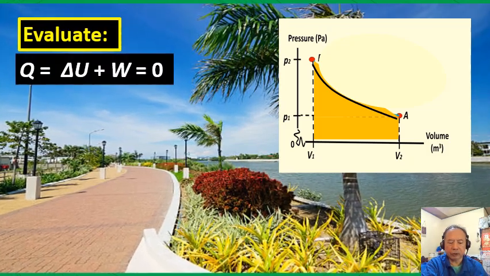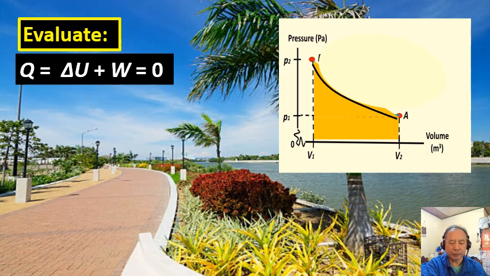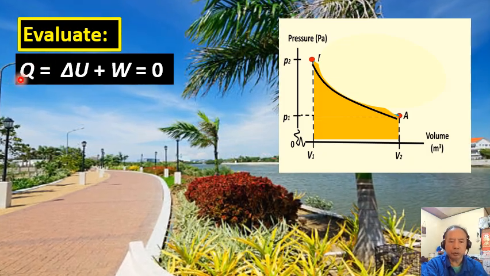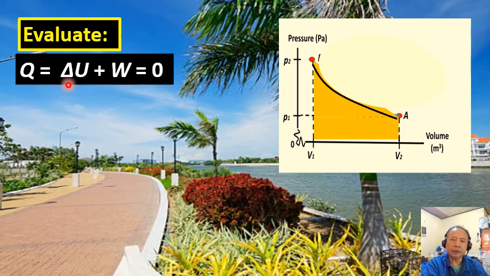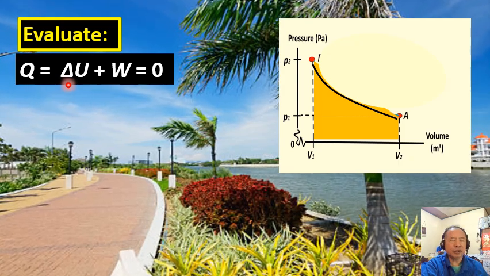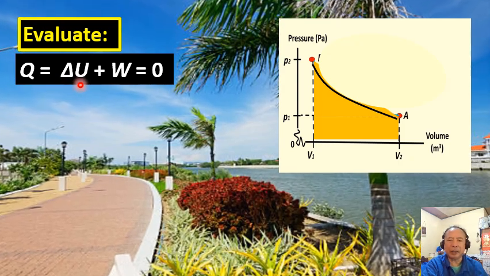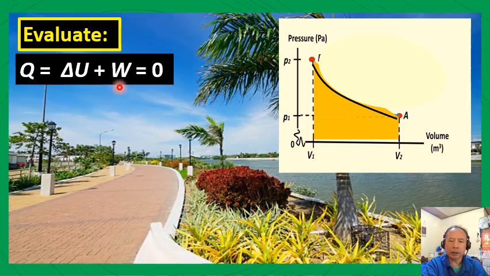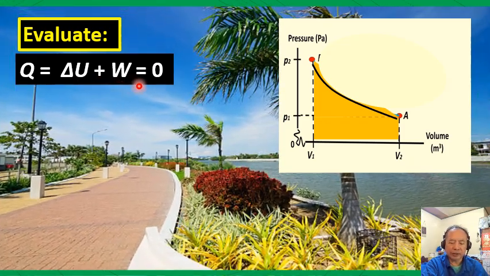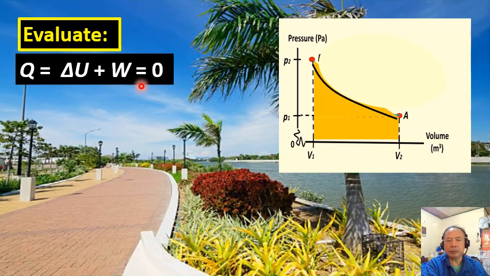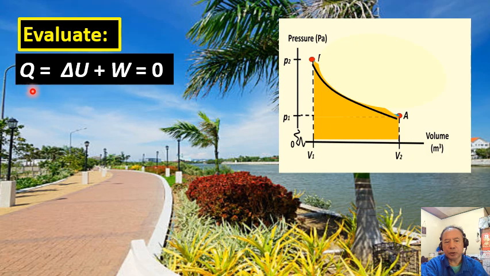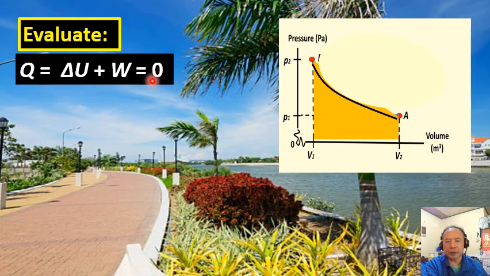Based on the first law of thermodynamics, the amount of heat, big Q, is equal to the change in internal energy of the system, delta U, plus the amount of work done, W. But since in an adiabatic process there is no heat transfer, big Q is in fact equal to 0.